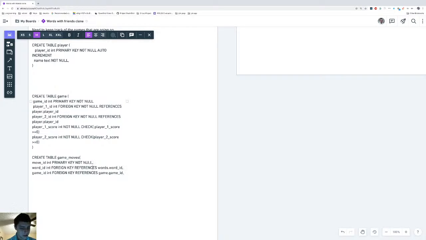It might be useful to know what player made the move. Foreign key, player dot.